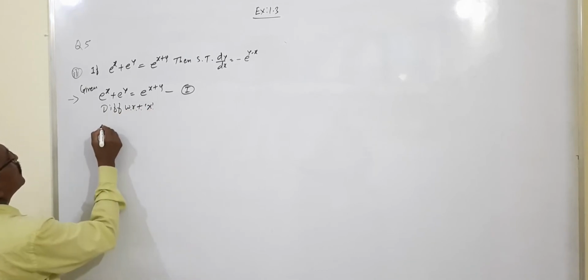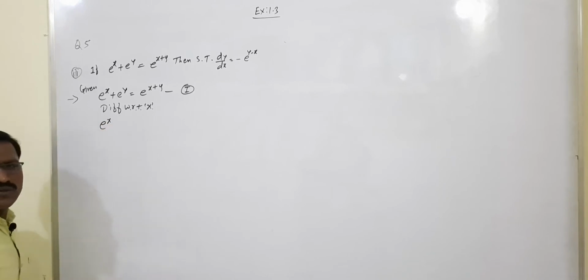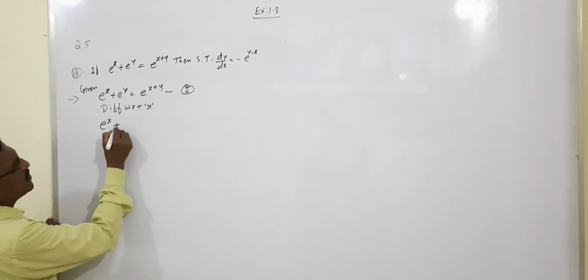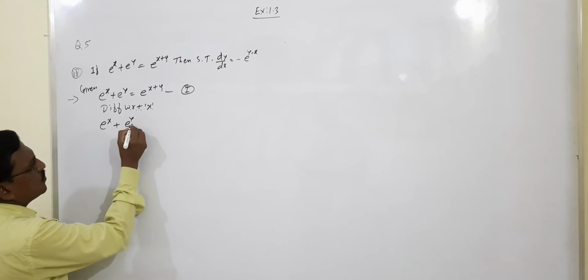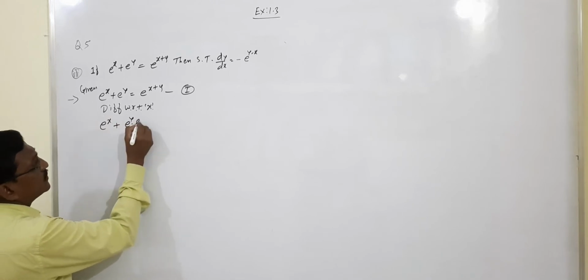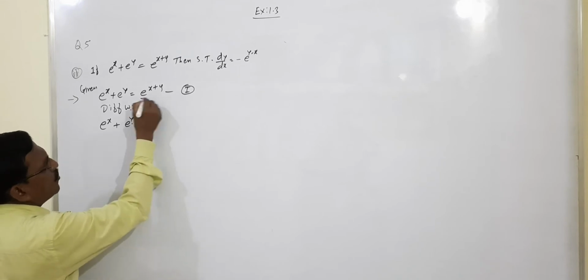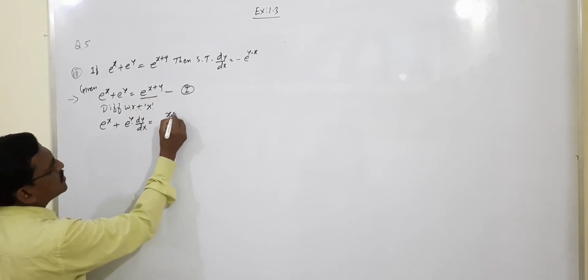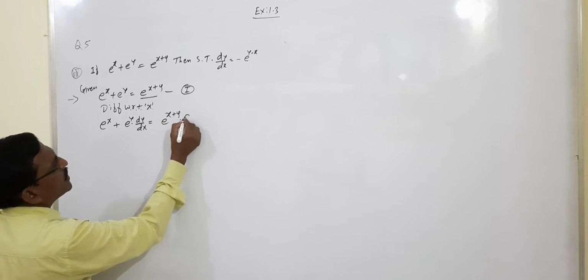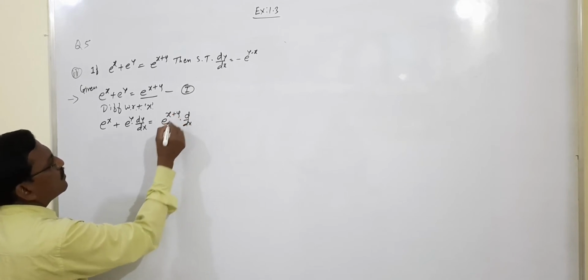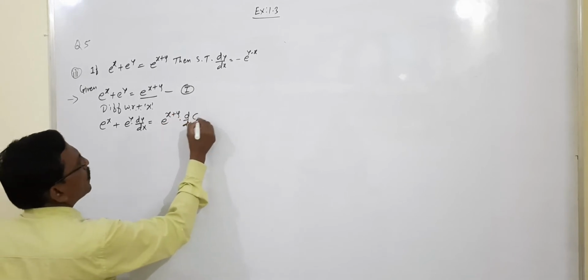We get derivative of e raised to x is e raised to x plus, again derivative of e raised to y is e raised to y, but it is y, that's why dy by dx is equal to derivative of e raised to x plus y is e raised to x plus y into, by chain rule, we find its derivative of x plus y.